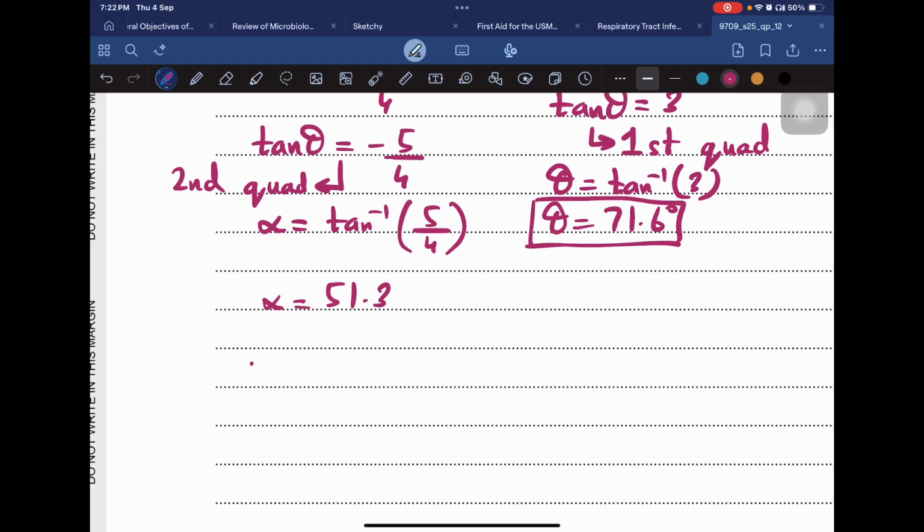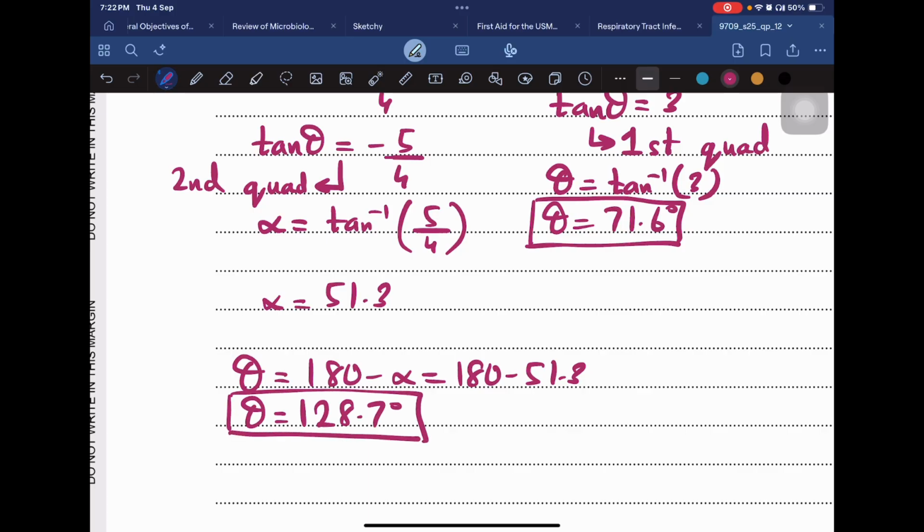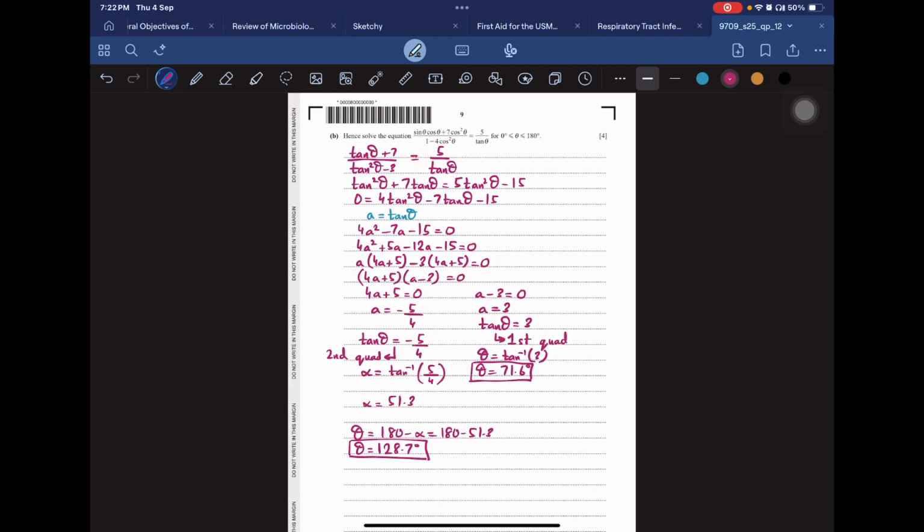Because the angle is in the second quadrant, we do 180 minus alpha, which will be 180 minus 51.3, which will be 128.7. I hope this makes sense.